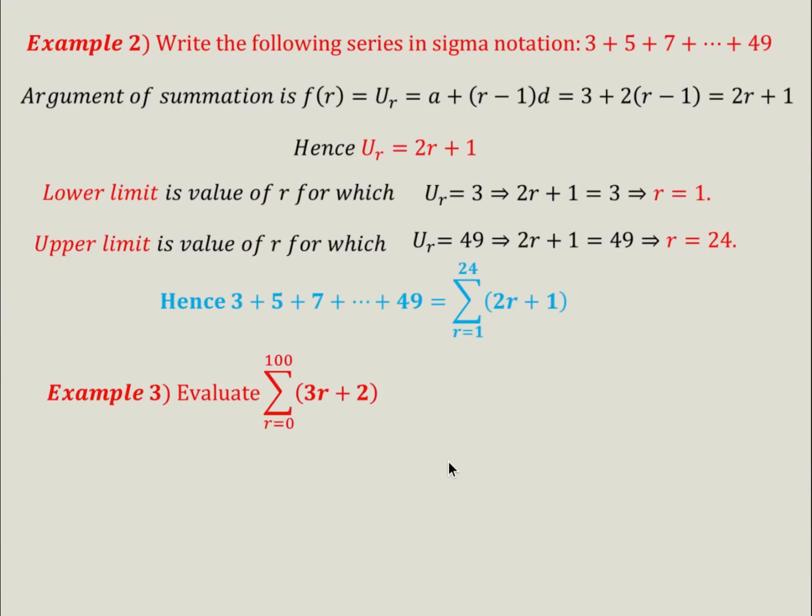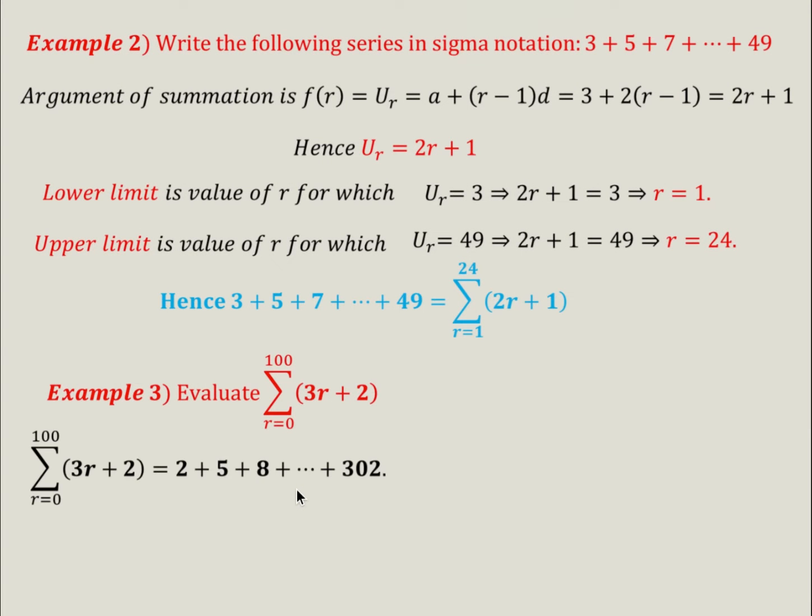In the next example, we are required to evaluate summation from r equals 0 to 100 of 3r plus 2. Since the summand or the argument of the summation is a linear function, we can use standard formulae, or we apply directly the formula for the sum of an arithmetic series.